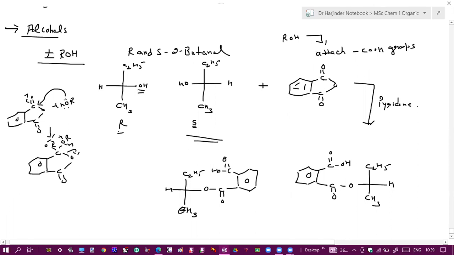So this anhydride gets attached with this hydroxyl group.